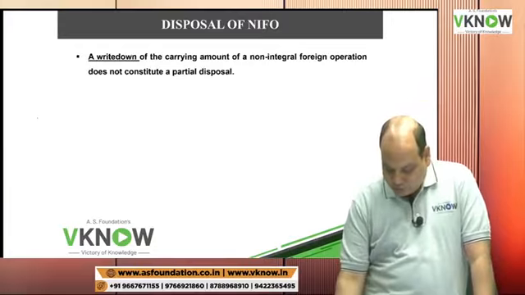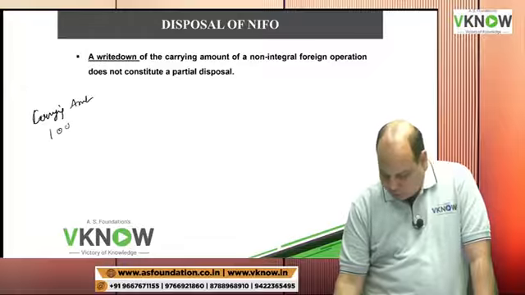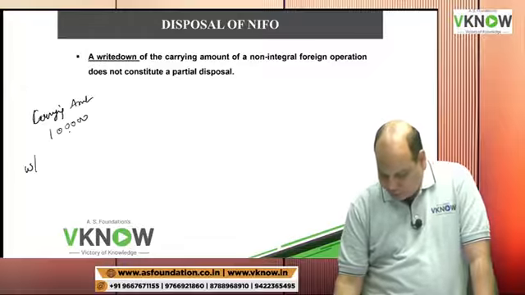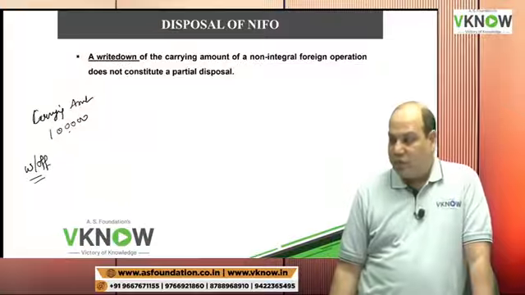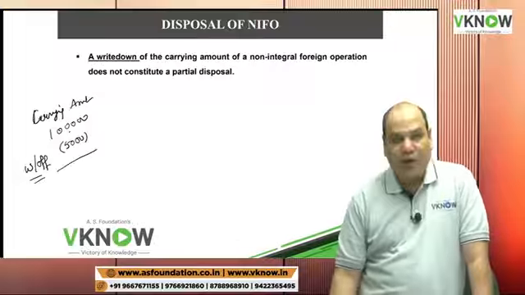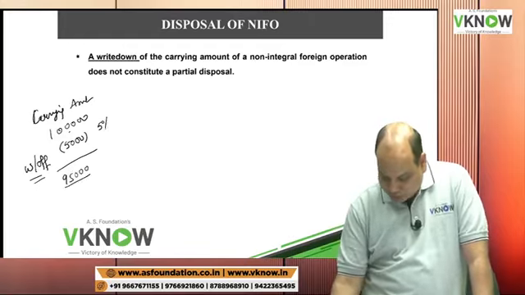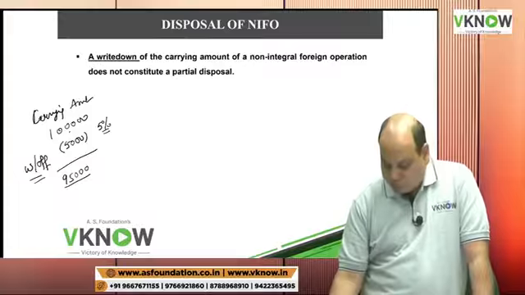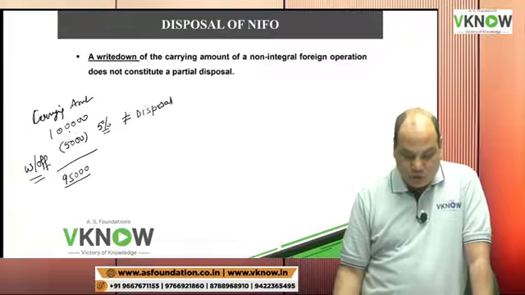Write down means, suppose the carrying amount is 1 lakh rupees, and the value of the investment has gone down by 5,000 rupees due to market fluctuation. So I will write off 5% of it. Write off is not equal to disposal.